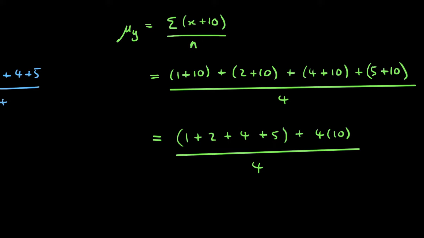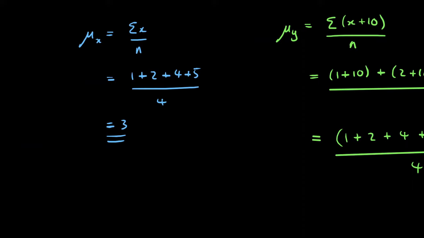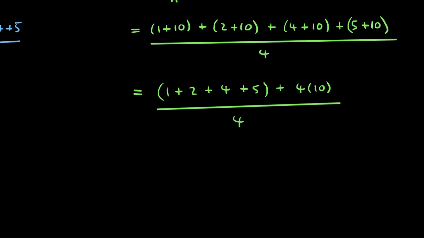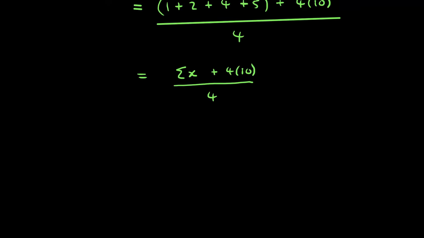That's the same thing as our sigma x, the summation of our x's here. So this is sigma x plus 4 times 10 over 4. Well, then I can split this up: sigma x upon 4 plus 4 times 10 divided by 4, which is just 10.